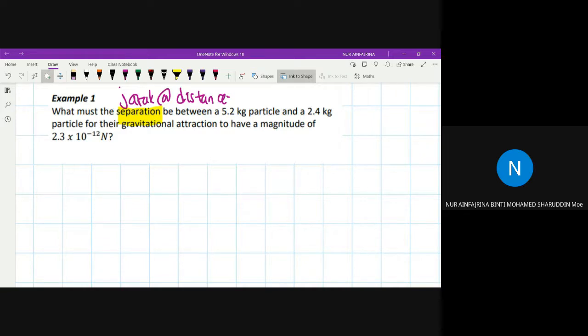Okay, kalau siapa yang done example 1, boleh try example 2, okay? Okay, banyak done.